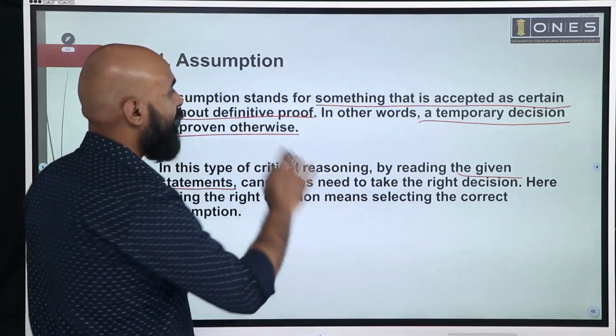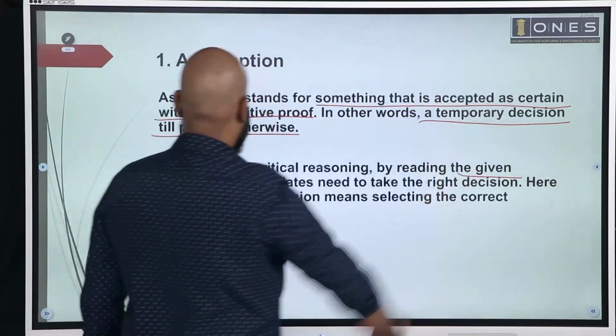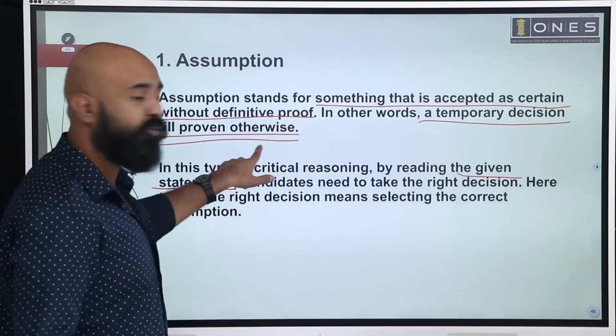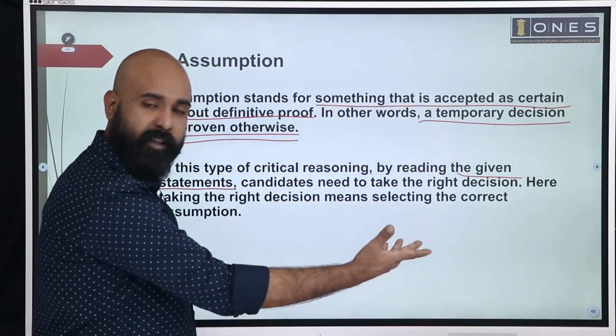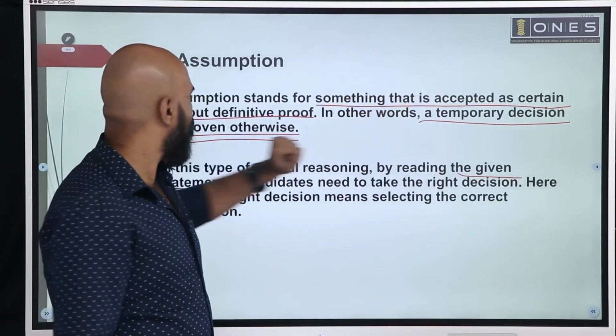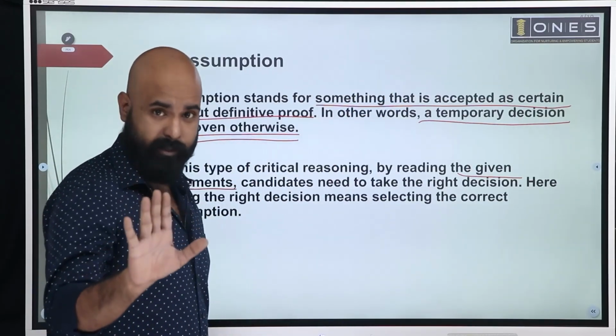Now, you're supposed to be taking this decision as certain till proven otherwise. If there is no proof to say something else is the conclusion, then what you have taken initially is your answer.